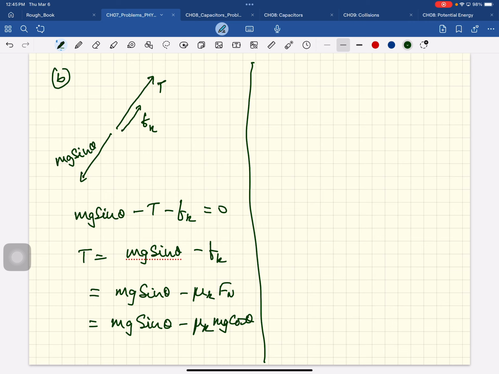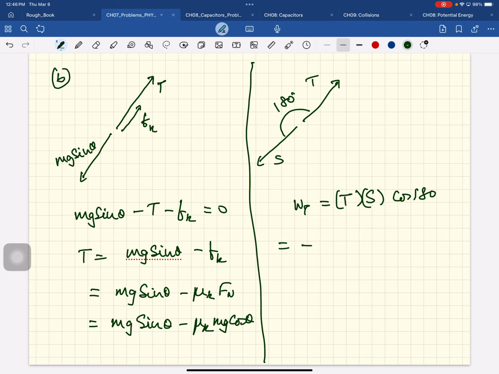All right, so the work done by tension, now there's the tension, so work done by tension is tension times S times cosine 180, and the tension is mg sine theta minus mu k mg cosine theta, times S times minus 1.